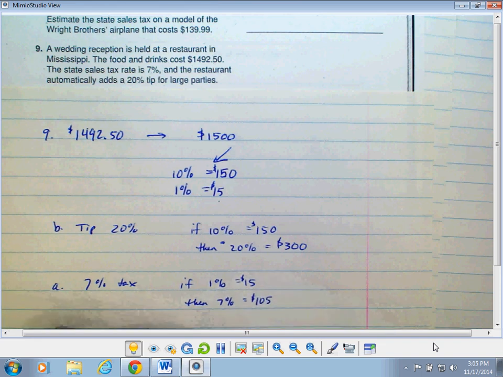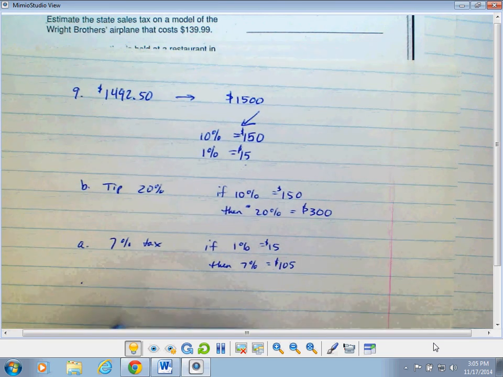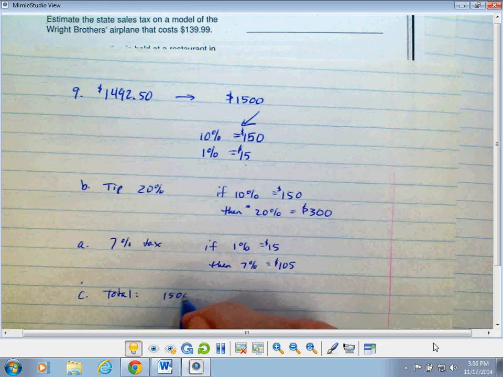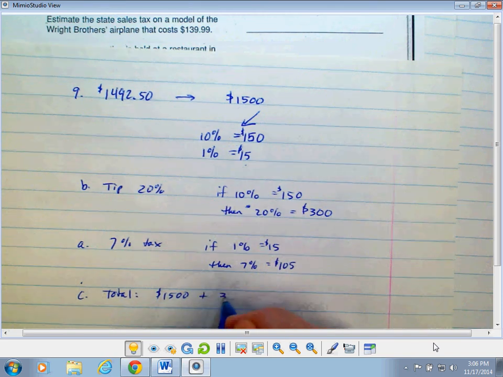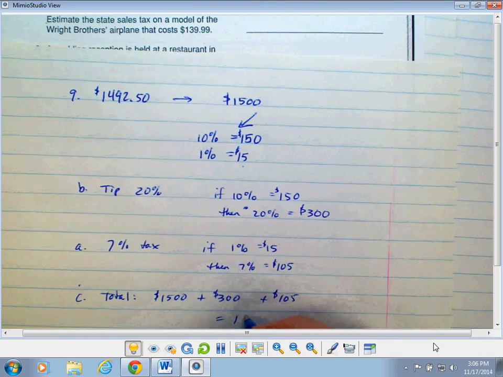And so part C wanted the total. Well, the total is $1,500 for the food and such, plus $300 for the tip, plus $105 for the tax. Grand total is about $1,905.